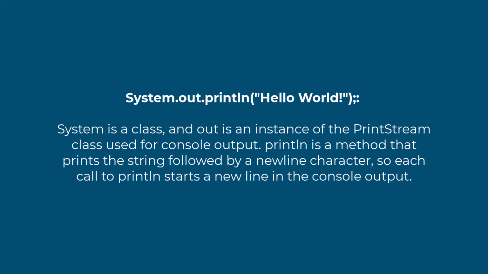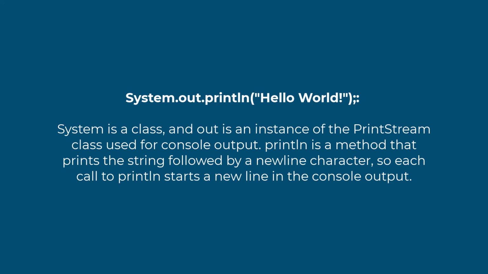And println is the method that prints the string followed by a new line character. So each call to println starts a new line in the console output. When you run the program, it will simply print Hello World to the console.